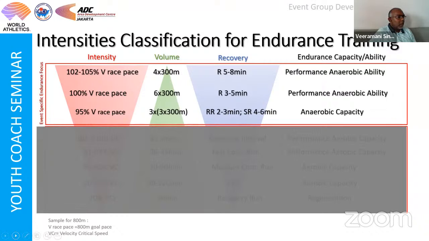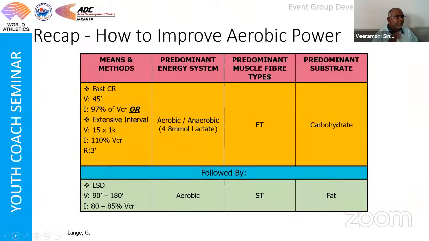Again, one thing we need to keep in mind, especially when we are preparing for endurance events, is not to lose track of what I call support of general endurance and aerobic power. So if you recap a little on our combination of what I call general endurance, where we do fast continuous runs or extensive interval training to develop the aerobic and anaerobic aspects, of course, we also want to combine it with long, steady or long, slow distance runs.